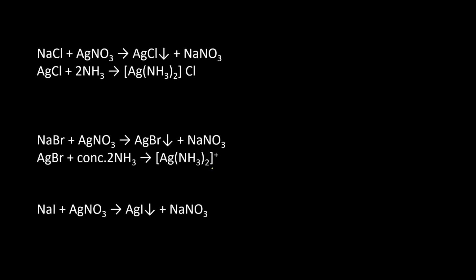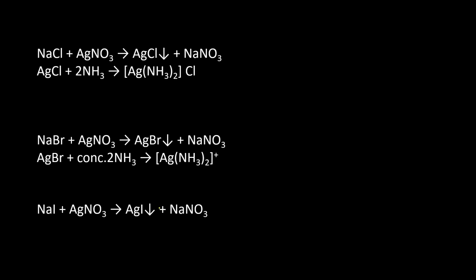That means its stability constant is low. When the stability constant is low, the system will not have a tendency to move in that direction. So as it has a low stability constant, this low solubility product silver iodide cannot move in the forward direction, whereby the silver amine complex is formed.